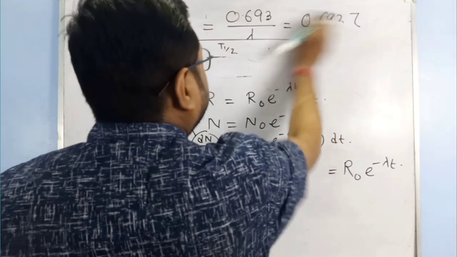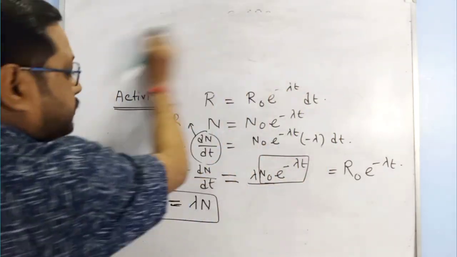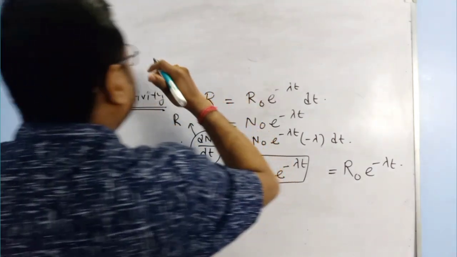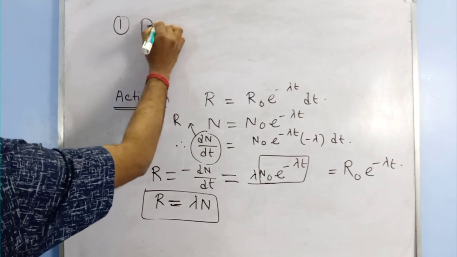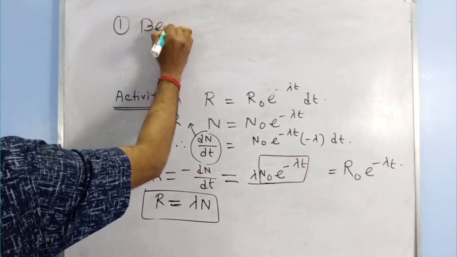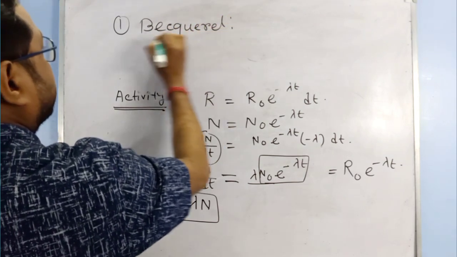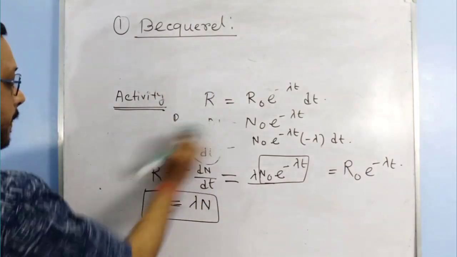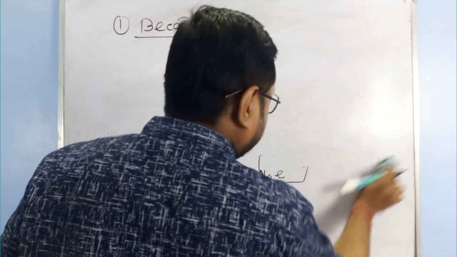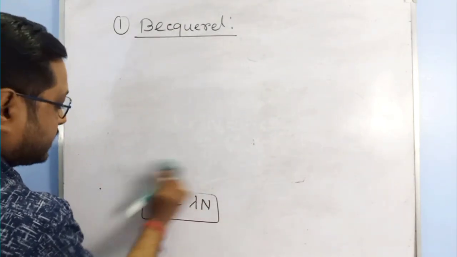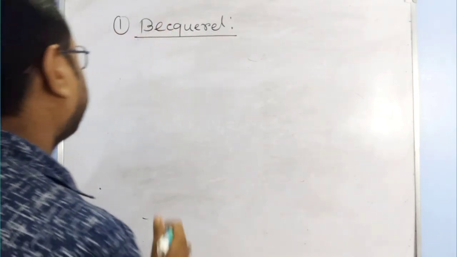Now we can go with the units of radioactivity. There are three units of radioactivity. Number one is becquerel. The activity of a nuclear sample is said to be 1 becquerel if there is 1 disintegration per second.